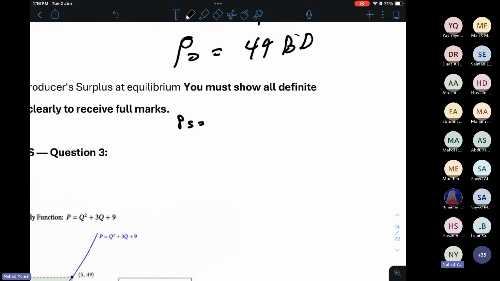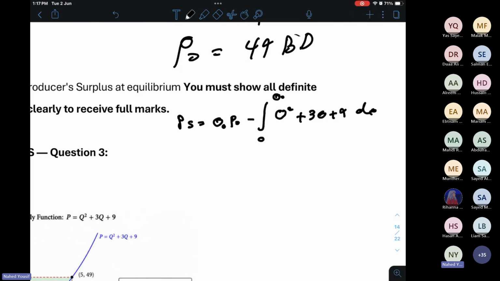PS is equal to Q naught P naught minus the integration from 0 to Q naught, where Q naught is just here, of Q squared plus 3Q plus 9, dq.